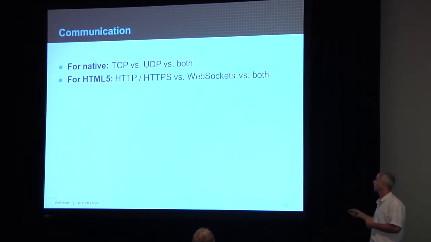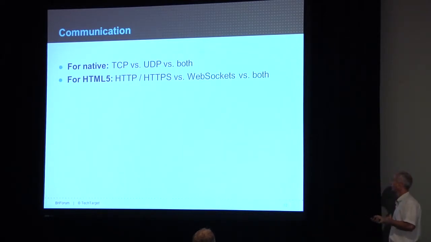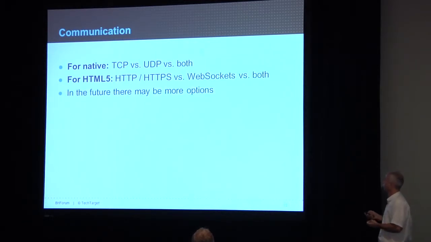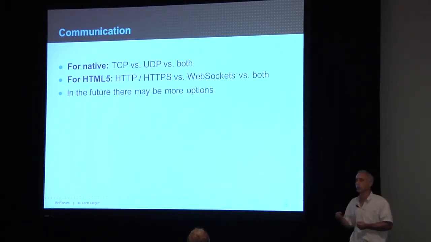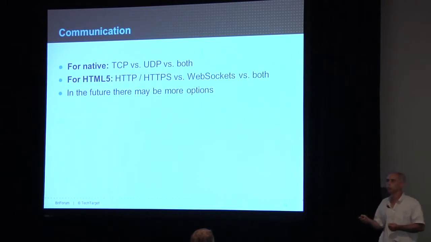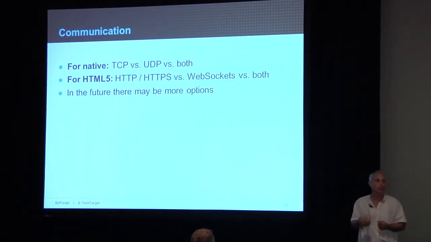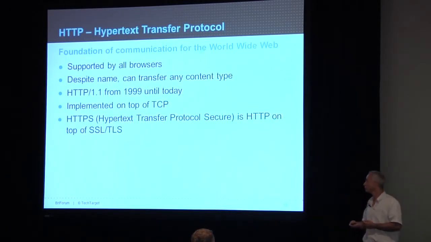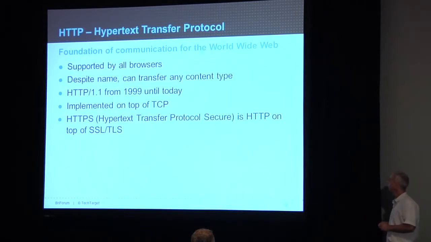The comparison is: do you use HTTP or HTTPS for the communication? Do you use WebSockets? Or again, do you use both? In the future, and hopefully I'll get there in time, we will see additional options as browsers evolve. Let's start with HTTP, because this is really the foundation of communication on the web.